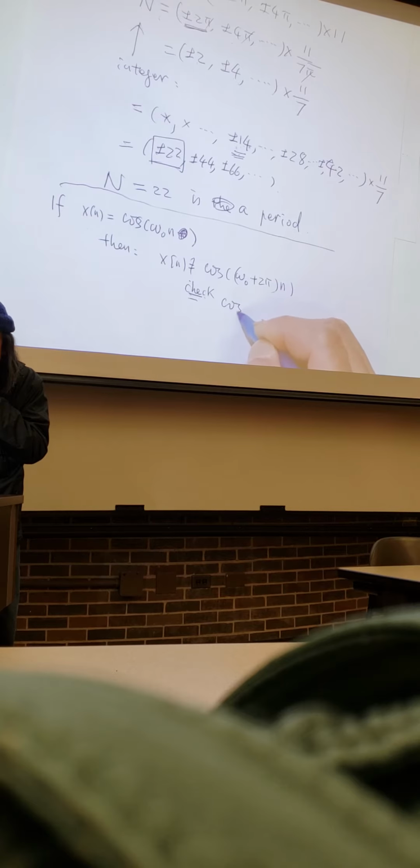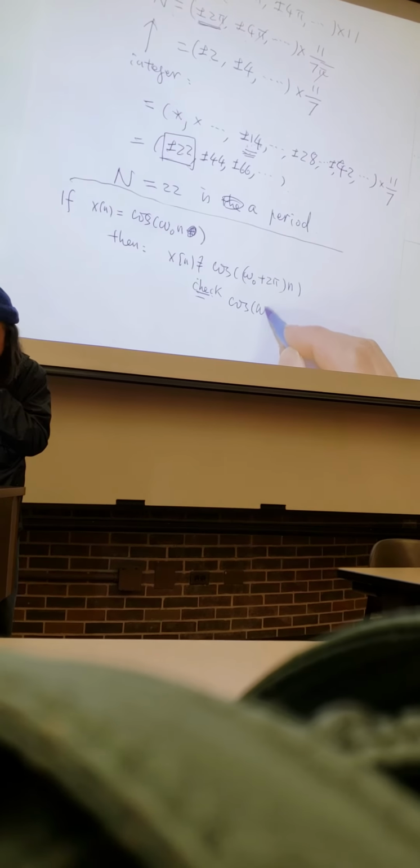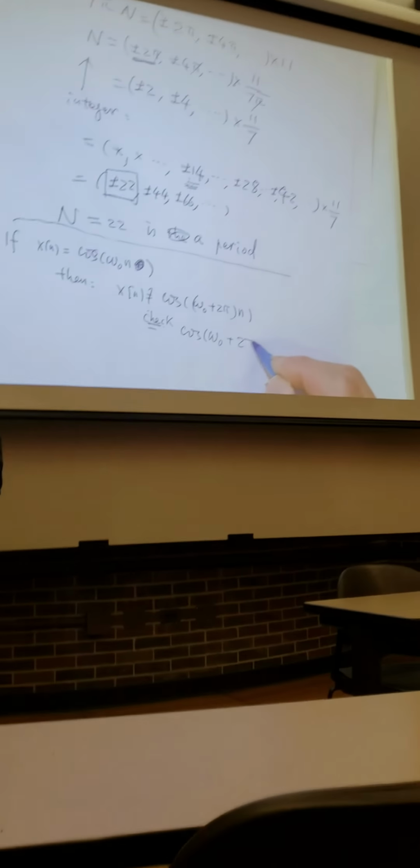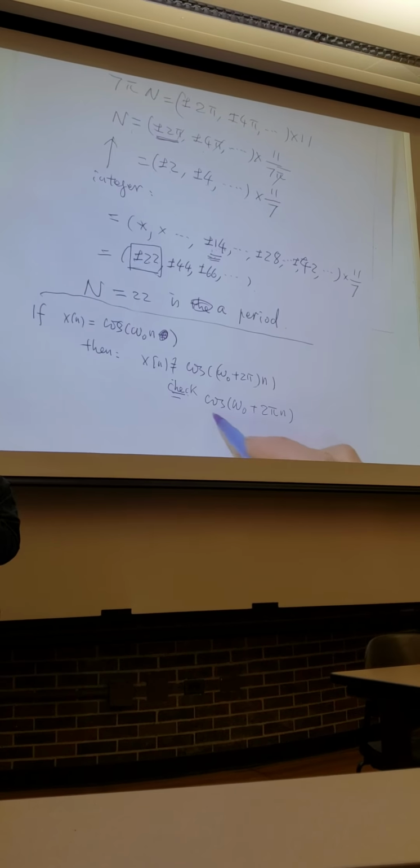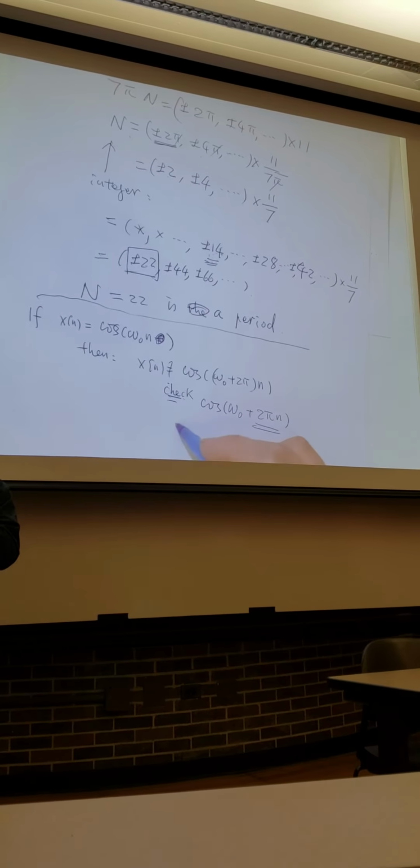You just multiply inside: omega naught plus 2 pi times n. Cosine, here you add 2 pi n and you get the same thing.